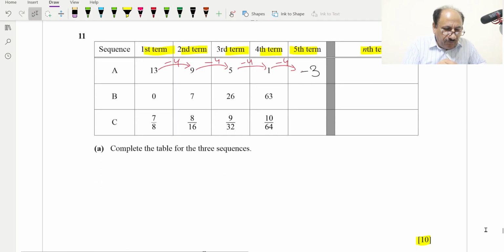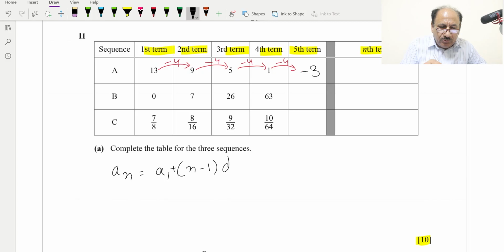For the nth term we have the formula an is equal to a1 plus n minus 1 into d, and d is minus 4. So first term is 13 plus n minus 1 into d, where d is minus 4. Minus 4 will be in brackets.